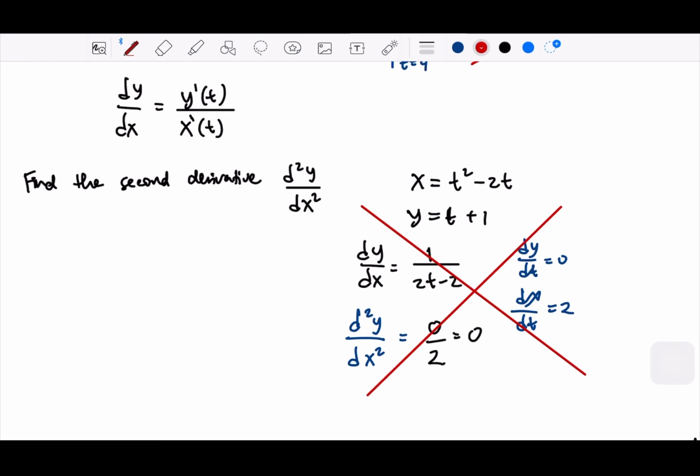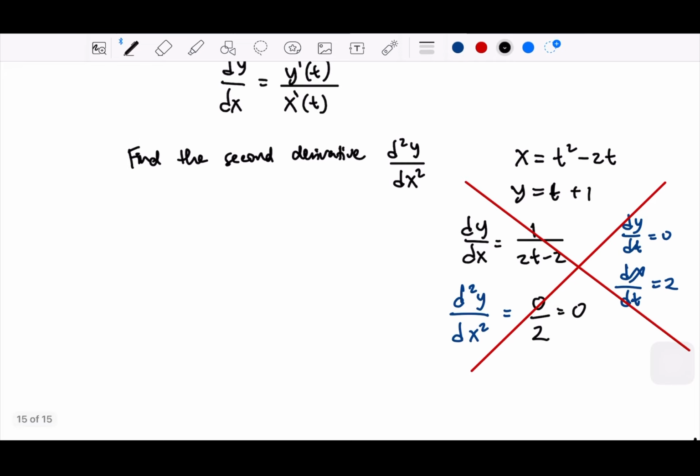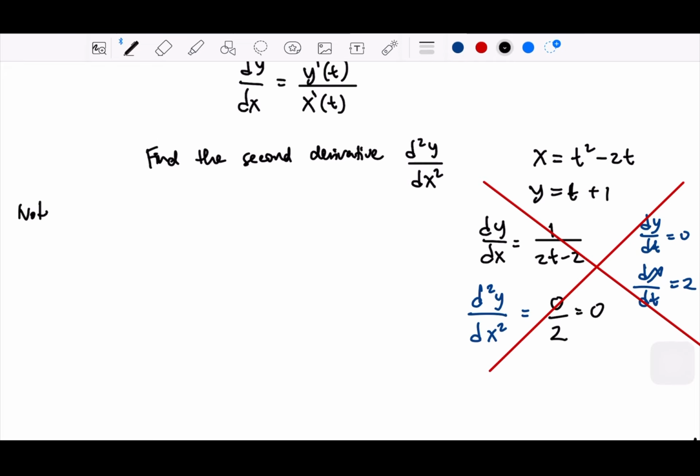Okay, and here it is. So notes. When we do the second derivative, what's the definition? The definition is d dx of dy over dx.